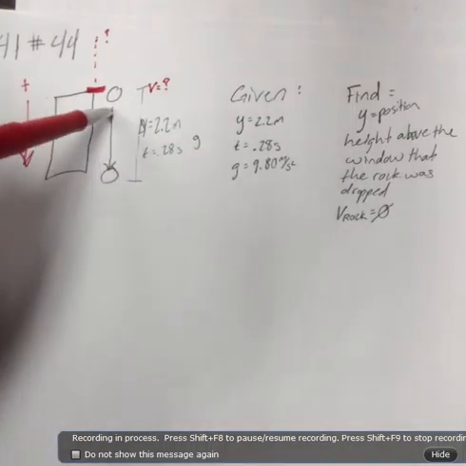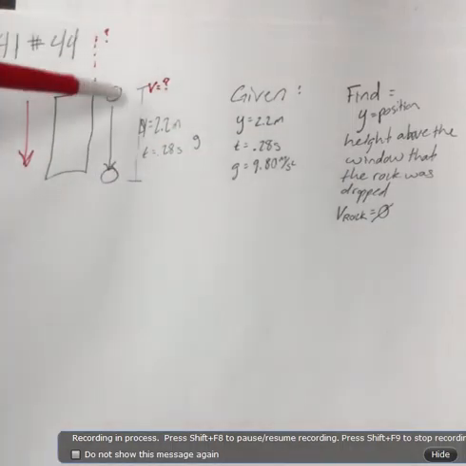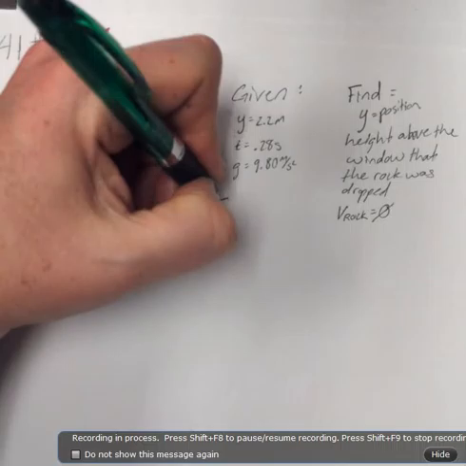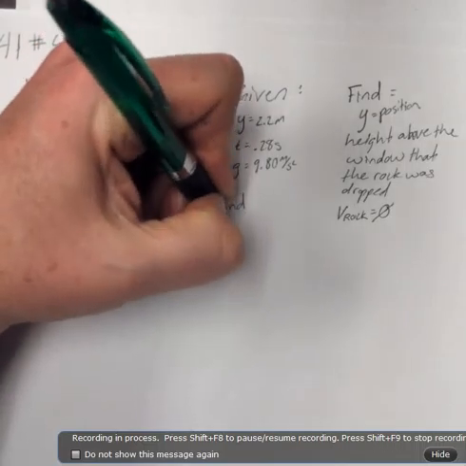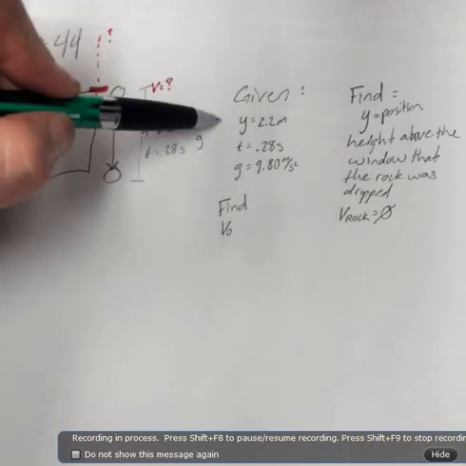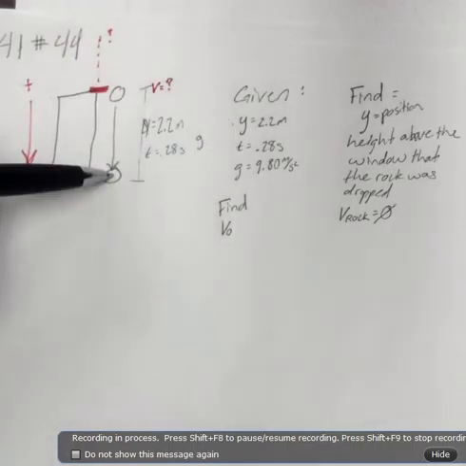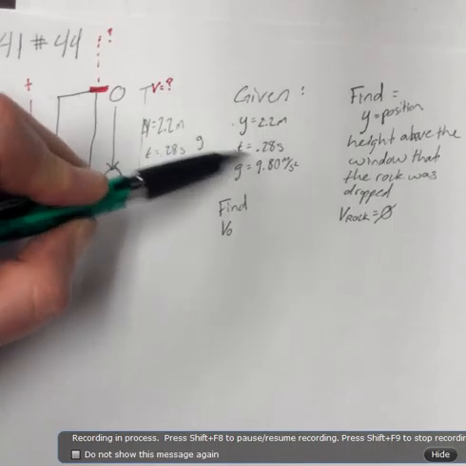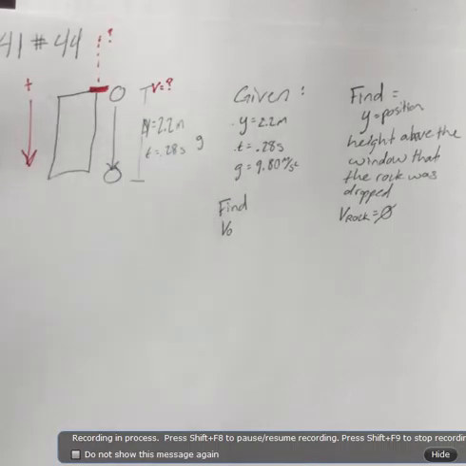And so I must consider, since I'm moving in the positive direction downward, that what I'm actually trying to find first is the initial velocity for these values: for the position change of 2.2 meters, for the time interval of 0.28 seconds, for a gravity of 9.8 meters per second squared toward the center of the Earth.